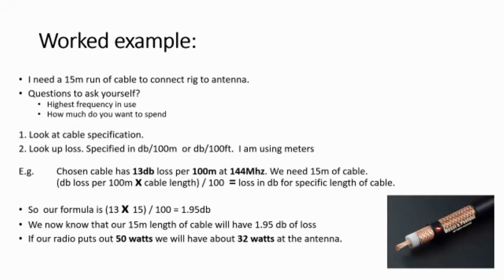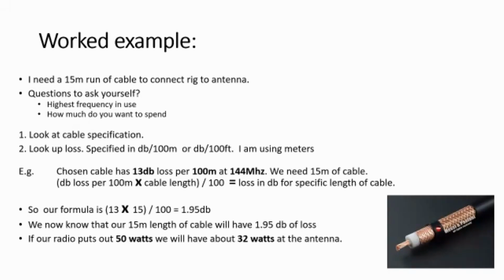So we now know what our length of cable is and what loss we have, 1.95 dB. What does that mean for the radio, for putting power in and getting power out? If you put approximately 50 watts in, you'll have about 32 watts out at the antenna, so it's less than 50% loss.